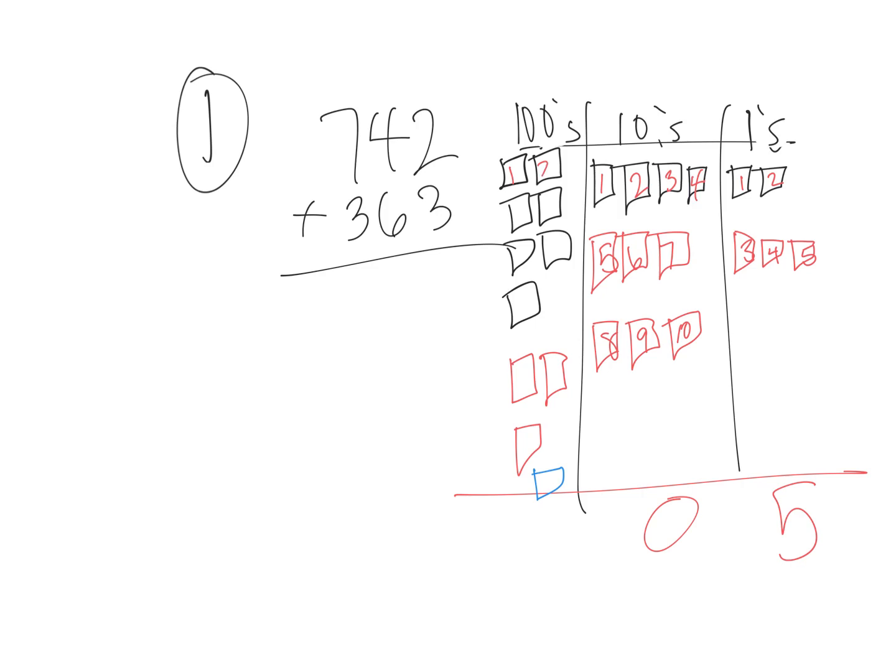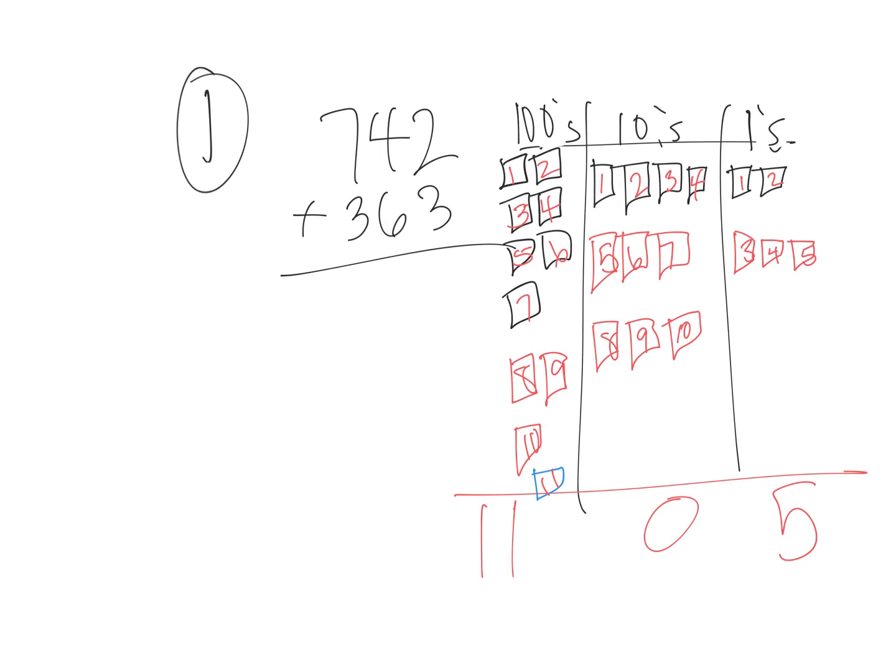I have 1, 2, 3, 4, 5, 6, 7, 8, 9, 10, 11. 11 hundreds. So that leaves me with 11 hundreds, 0 tens, and 5 ones for an answer of 1,105.